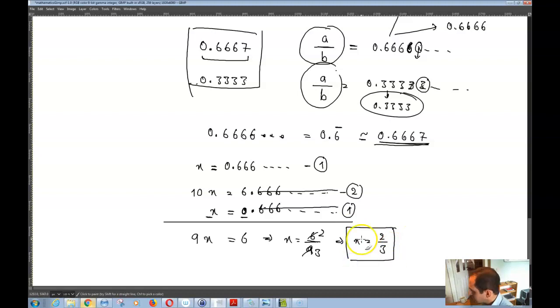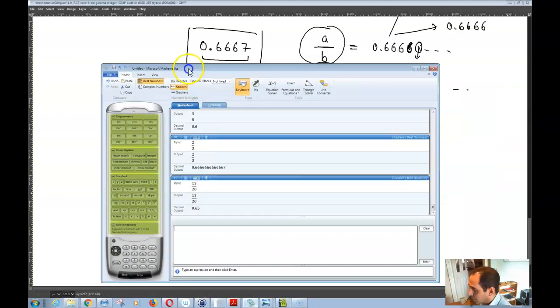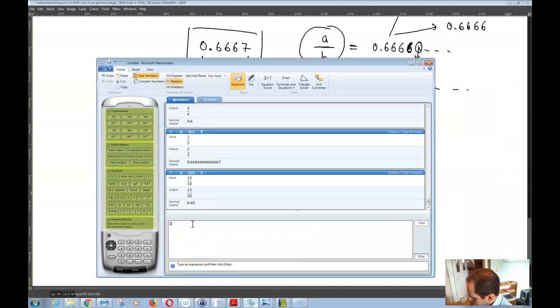And now if you use a calculator and divide 2 by 3, you can see that you'll get the exact same number, 0.6666, and the calculator of course has to round the number to some decimal places, and this calculator shows all the way up to, I suppose, 1, 2, 3, around 12, 13 digits or so.